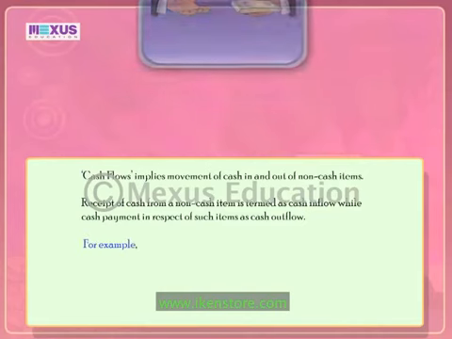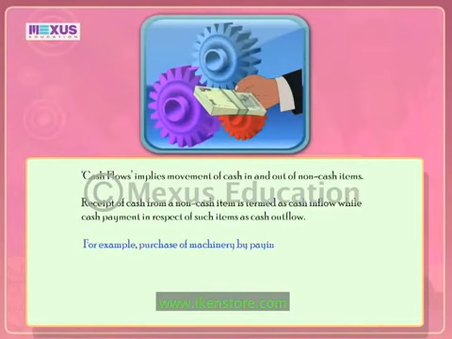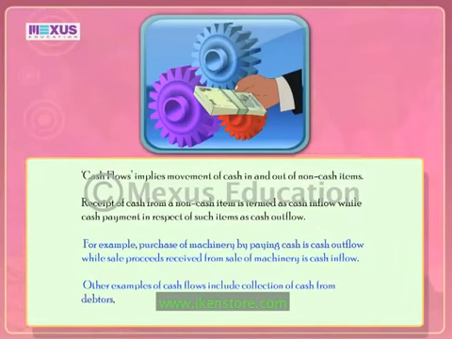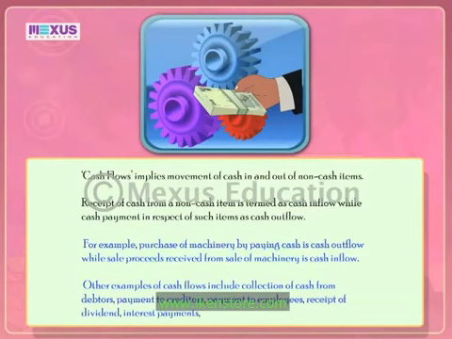For example, purchase of machinery by paying cash is cash outflow, while sale proceeds received from sale of machinery is cash inflow. Other examples of cash flows include collection of cash from debtors, payment to creditors, payment to employees, receipt of dividend, interest payments, etc.